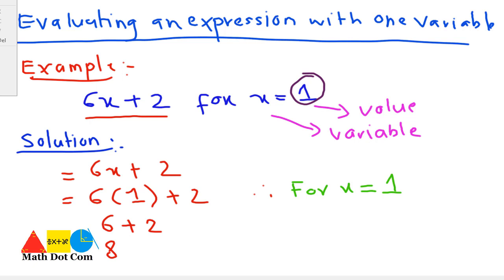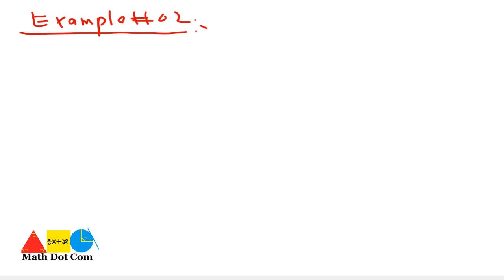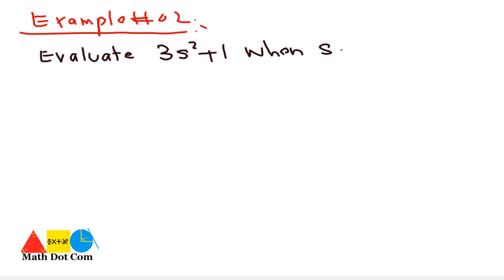Let's have another example. Example 2. Again we will take an example of one variable. The example is: evaluate. You must have the concept of what is meant by evaluate whenever you are asked about it. 3s square plus 1 when s equals 3. Here the variable is s.